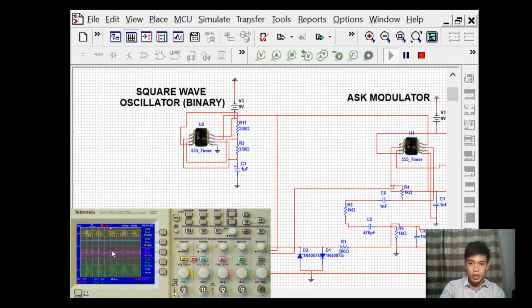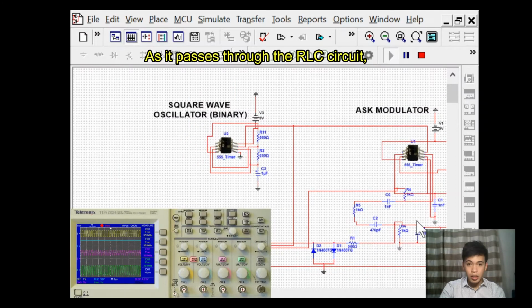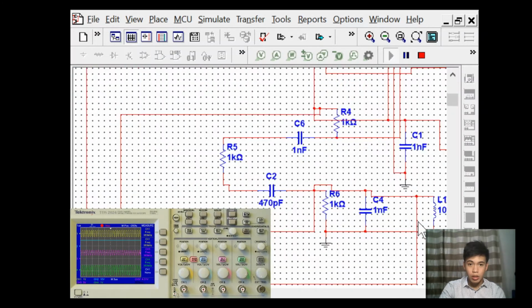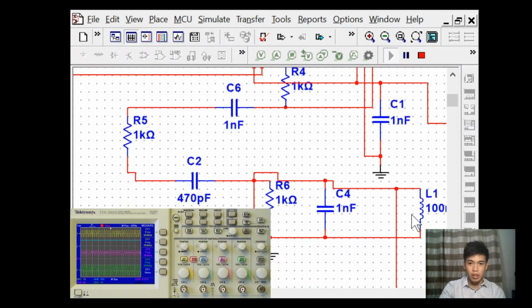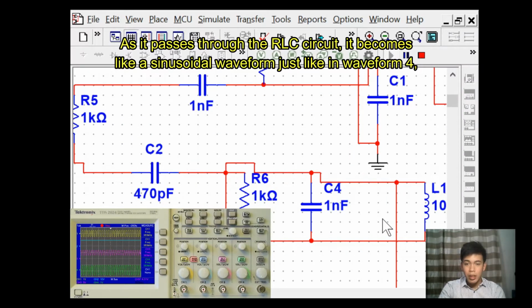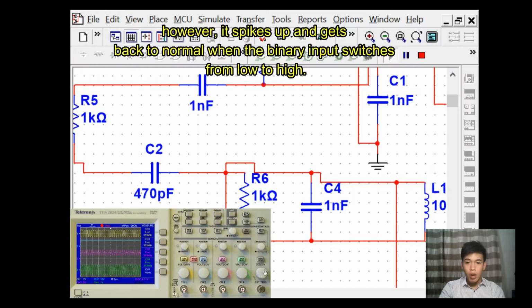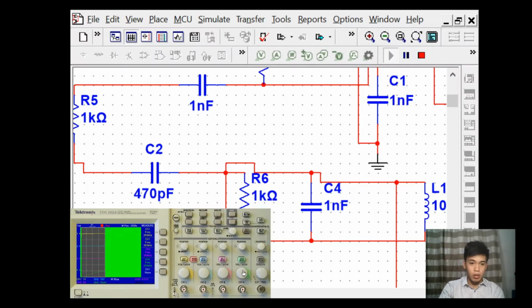As it passes through the RLC circuit, it becomes like a sinusoidal waveform, just like in waveform 4. However, it spikes up and gets back to normal when the binary input switches from low to high, as you can see here.